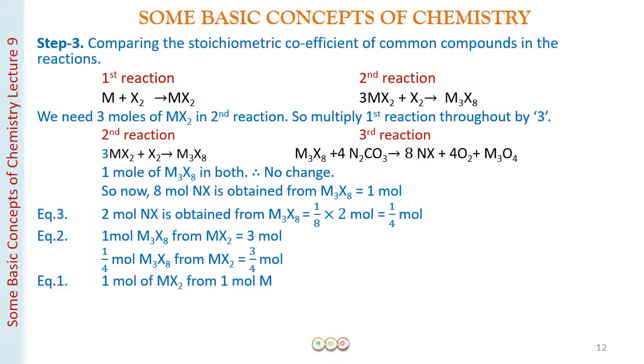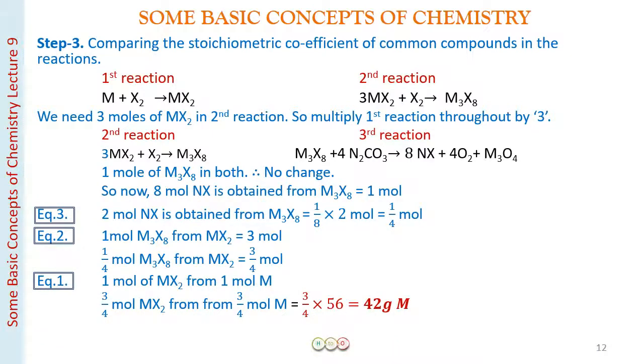And in the first reaction, 3 moles of MX2 are going to come from 3 moles of M, or 1 mole of MX2 from 1 mole of M. So 3 by 4 moles of MX2 are going to come from 3 by 4 moles of M. So this comes up to 42 grams of M required to produce 206 grams of NX. So this is how we can proceed with such type of questions, going from one reaction to another, linking all the reactions together.